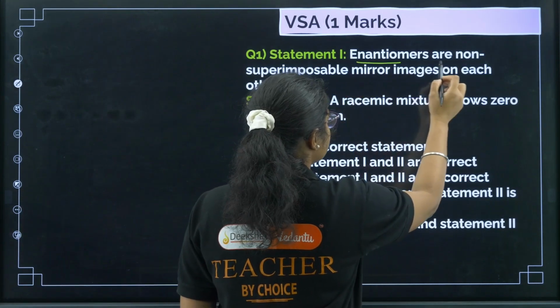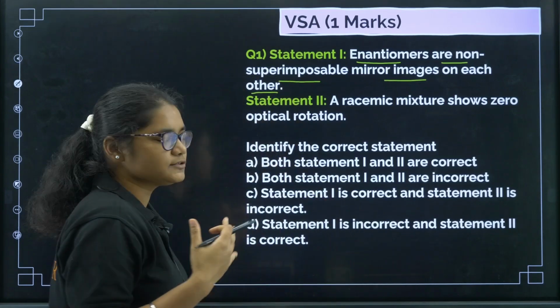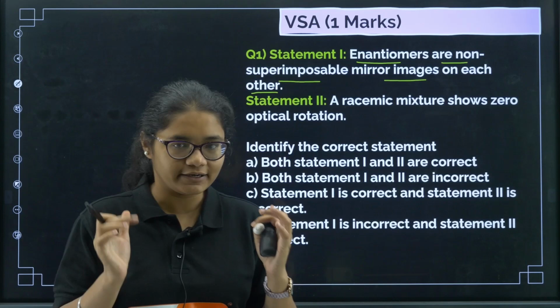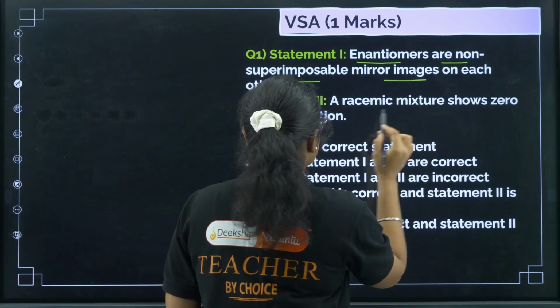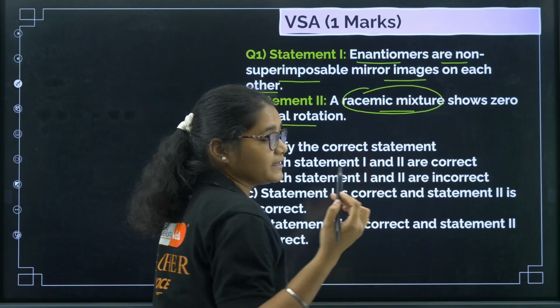Statement: enantiomers are non-superimposable mirror images of each other. We know the concept of enantiomers from SN1 and SN2 reactions. Now, a racemic mixture shows 0 optical rotation. What is a racemic mixture?